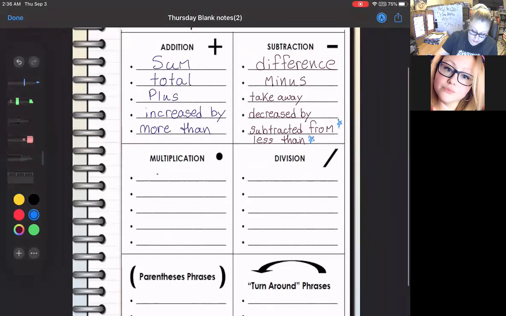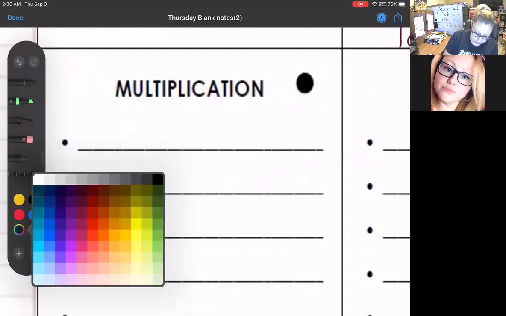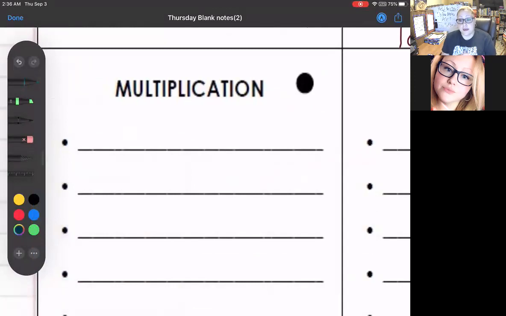Let's zoom up. Let's talk about multiplication and division. I like that color that I was using, but. Okay, so when we're reading word problems, what's the one that we all know? Multiplication, times.